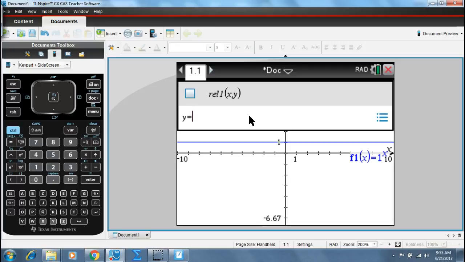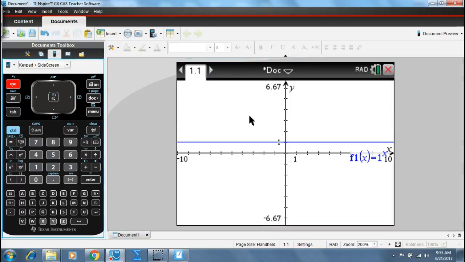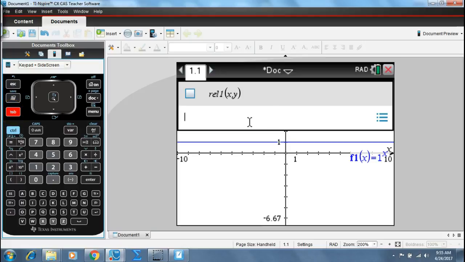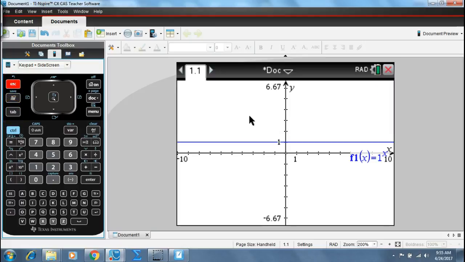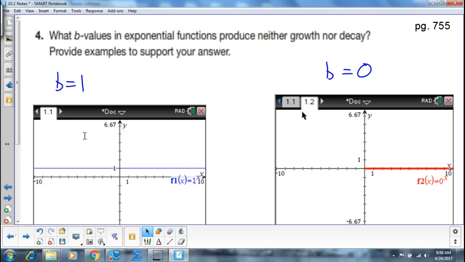Whoa, what's going on there? I don't know what's going on there, but let me escape out of there. But 0 would also not give me growth or decay, too. I'll put it on the notes then for you. So 0 to the x would only give us positive values there, so that's why it doesn't work.